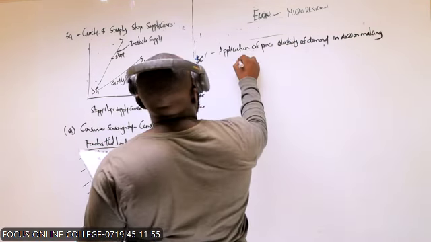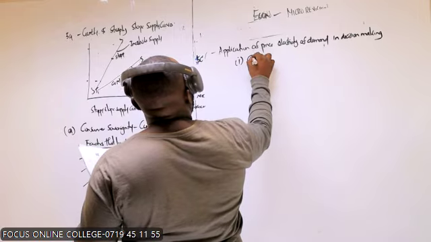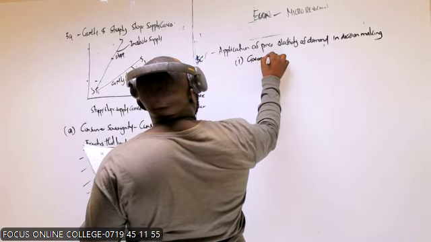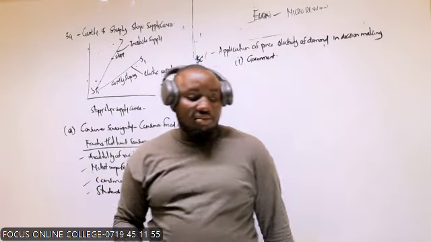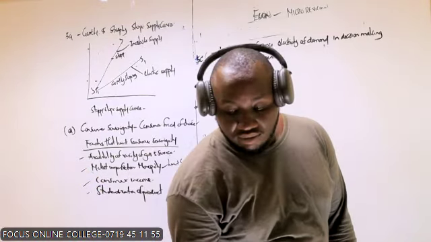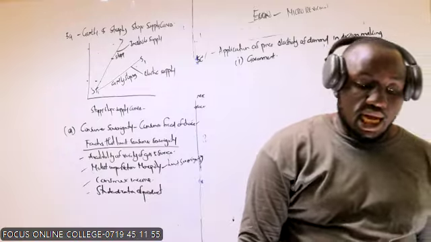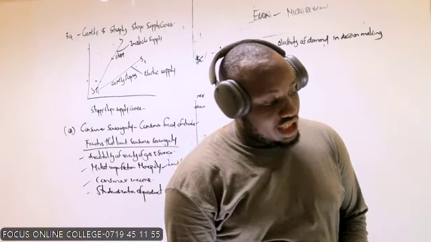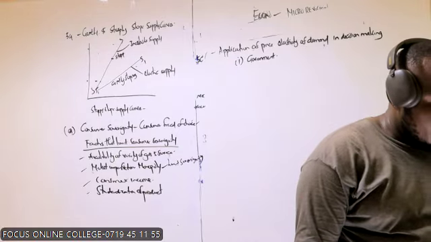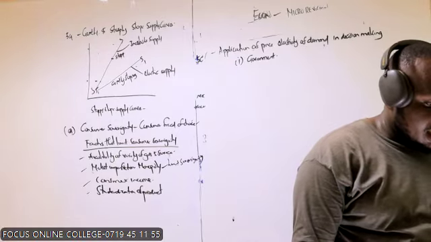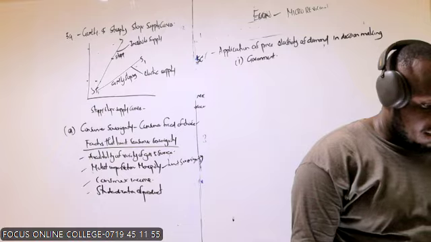So one is the government. How does the government use price elasticity in decision making?